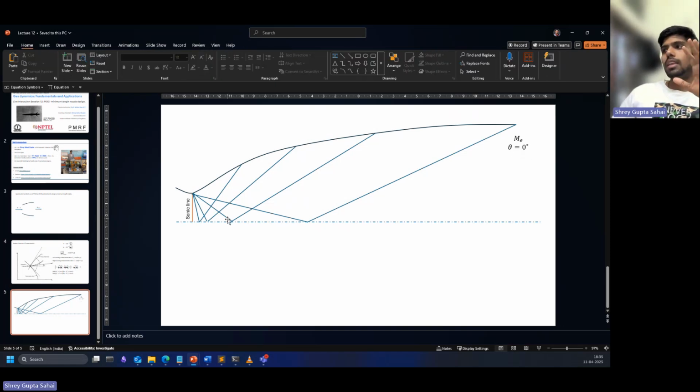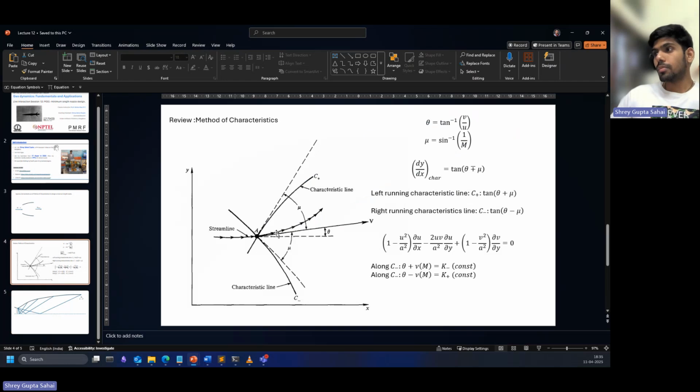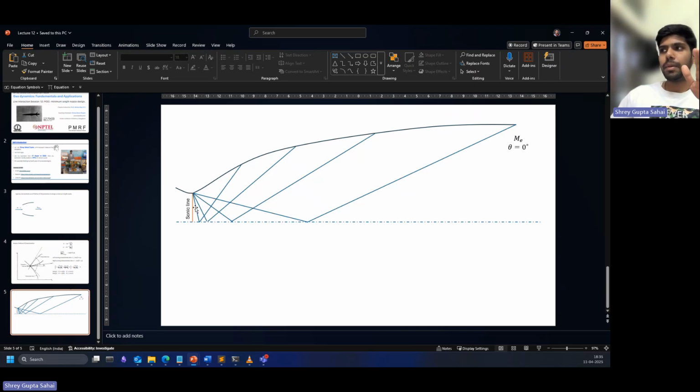Now you see these Prandtl-Meyer expansion waves are in themselves actually characteristic lines, if you think about it. Characteristic lines are what lines? These are the lines along which a disturbance propagates. You can think of it in this manner. So once the Prandtl-Meyer expansions happen, these correspond to characteristic lines emerging from this throat point.